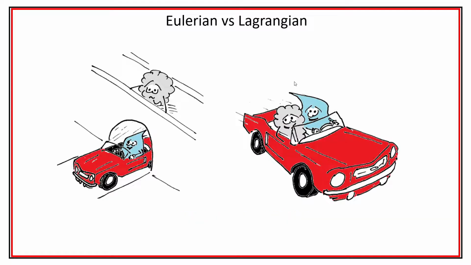Some topics I've brought up before are the idea of the Lagrangian perspective that we have over here on the right-hand side and the Eulerian perspective, or Eulerian method and Lagrangian method, on the left-hand side. On the right-hand side is what we usually think of. In most cases, we take a look at a particle and we follow that particle along.